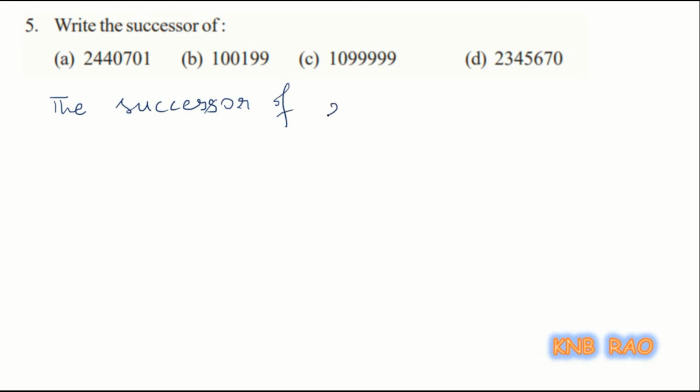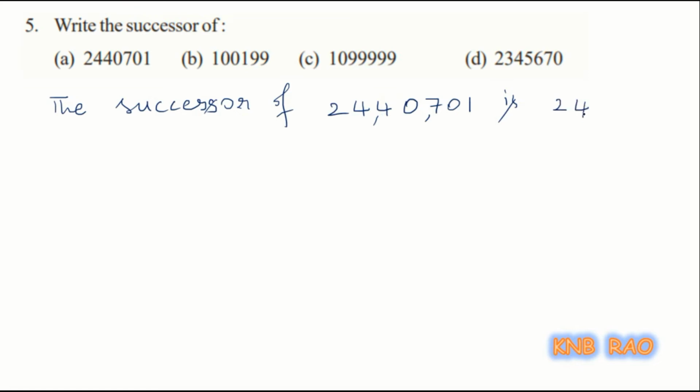For example, if I take the first one only, 24,40,701, how do you read this number? We need to give points. If you are reading in the Hindu Arabic system, 24,40,000, by adding 1 to this, 24,40,701 will give us the successor.